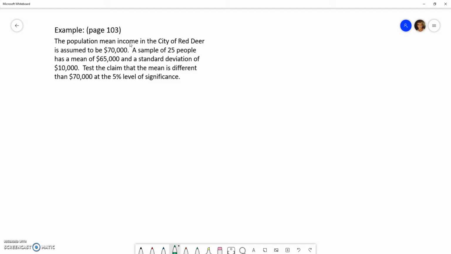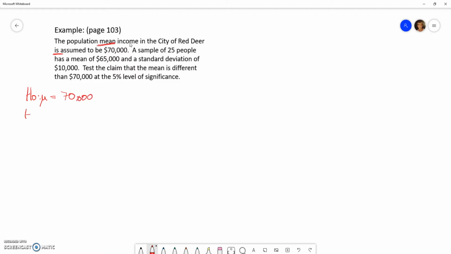So let's go through this 6-step process. Let's use red, since red stands out here. The null hypothesis: this is a question dealing with the average. The average income in the city of Red Deer is assumed to be 70,000, so that implies the average is equal to 70,000.